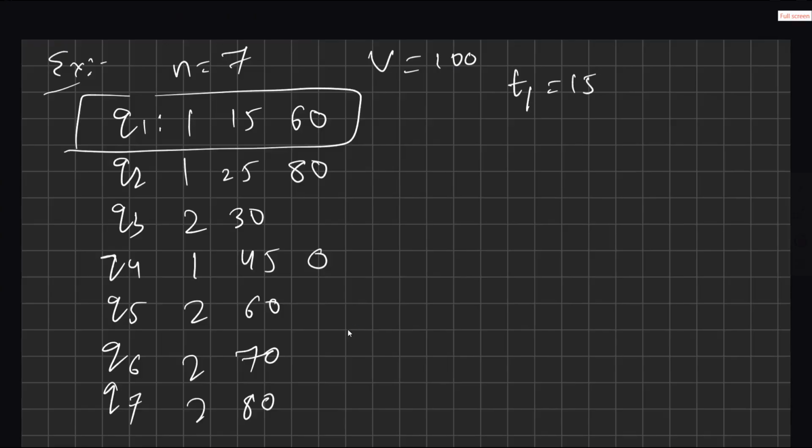We can think of 15 minutes or 15 seconds, the unit doesn't matter, but in general at the 15th unit of time the voltage is 60. The battery that we are plugging in has voltage 60. So in the slot, one battery is plugged in.